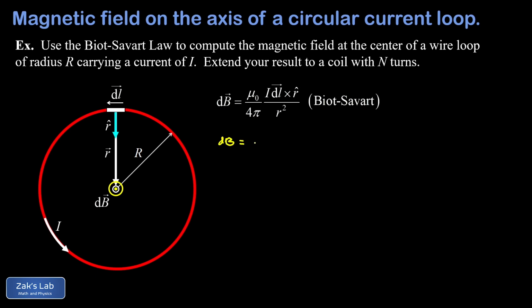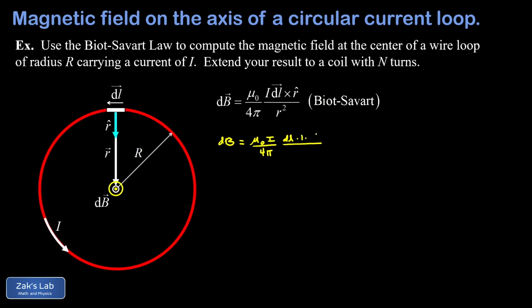So the magnitude of our magnetic field increment is going to be mu naught I over 4 pi. And then I need the magnitude of dl crossed into r hat. Now remember, the magnitude of a cross product is given by the magnitudes of the two participant vectors. So dl, the length of dl there, and the length of r hat, but r hat's a unit vector, so that's just 1.